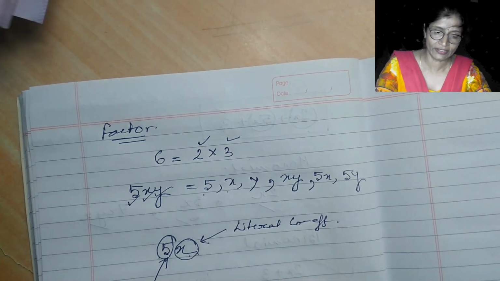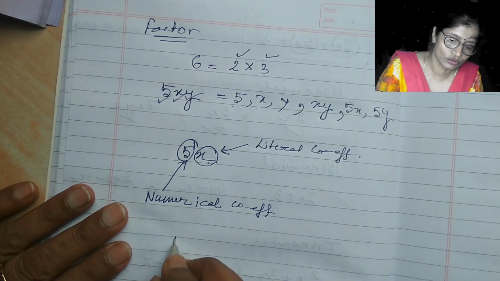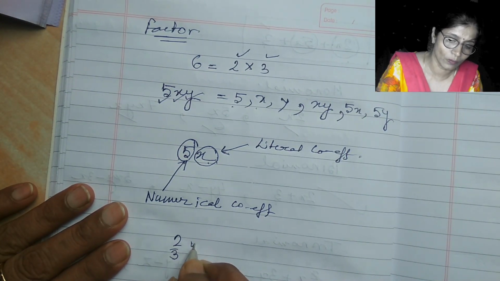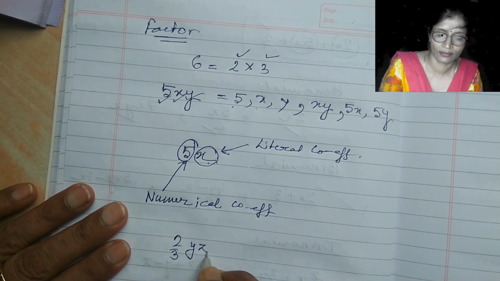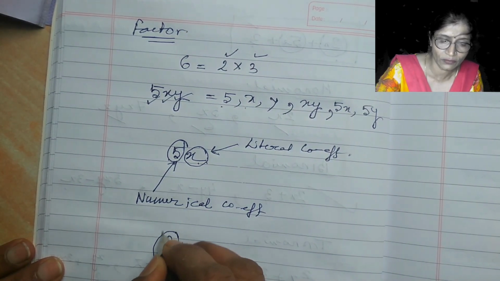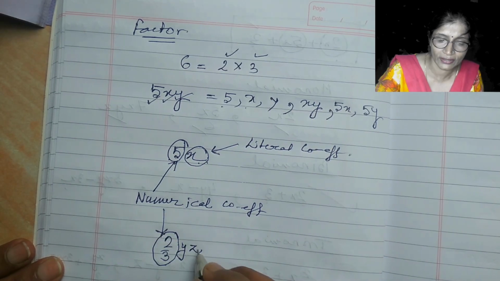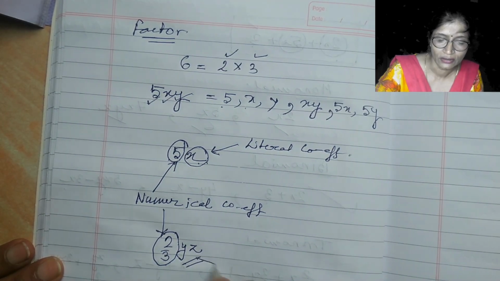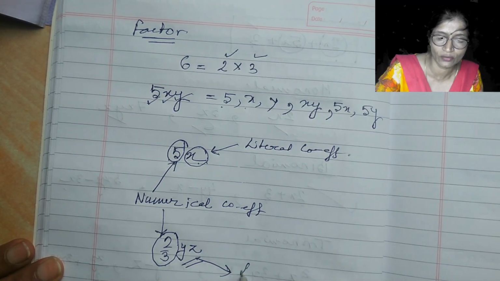Or if I write here, suppose, 2 by 3 yz, the numerical coefficient is 2 by 3, and both y and z are the literal coefficient.